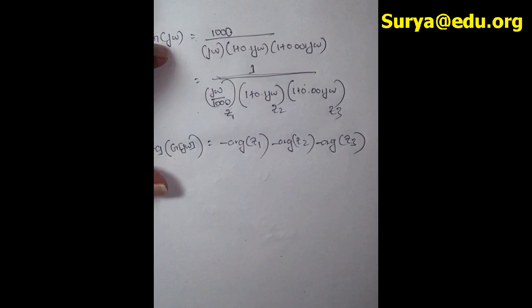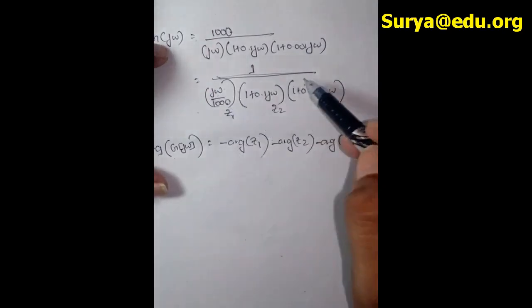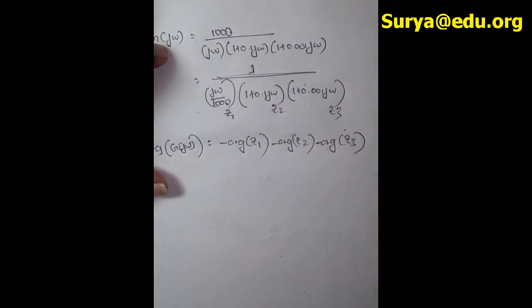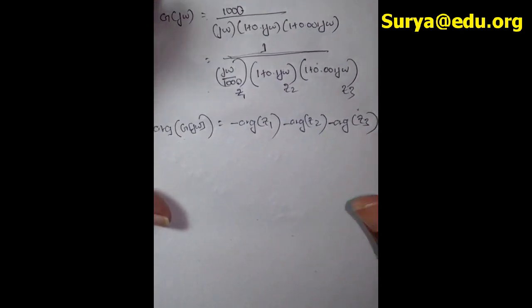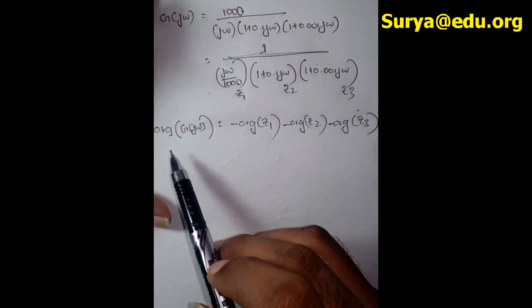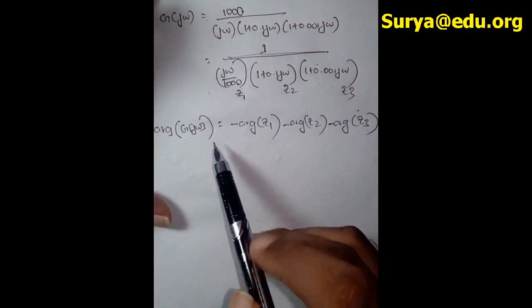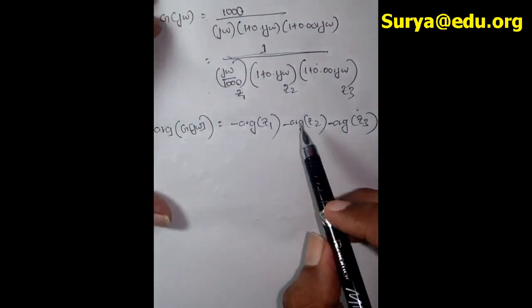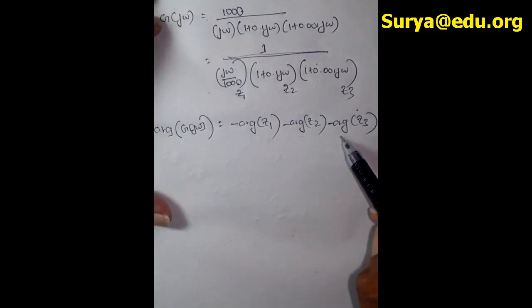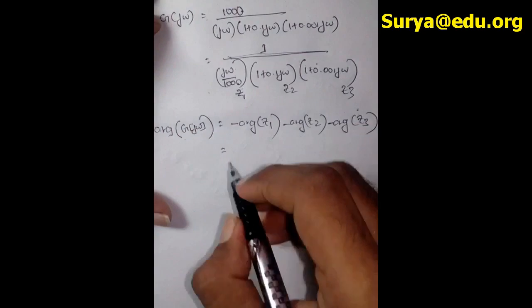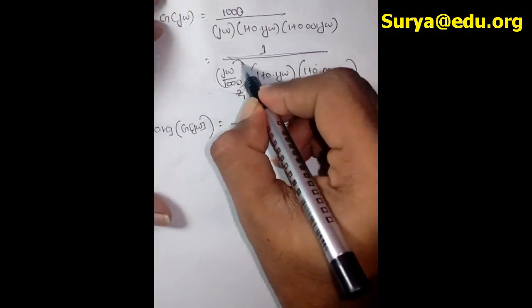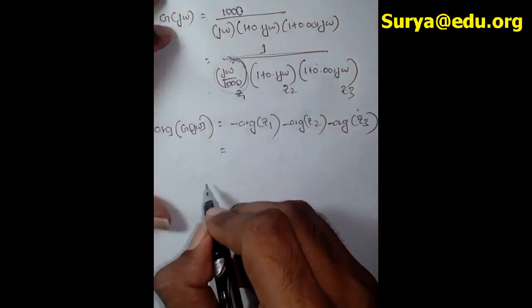That is the easiest concept. Why minus? Because all these three terms are in the denominator. So the argument of G(j omega) equals minus arg z1 minus arg z2 minus arg z3. Now how are you going to get the argument of this one? Okay, so let's consider now.